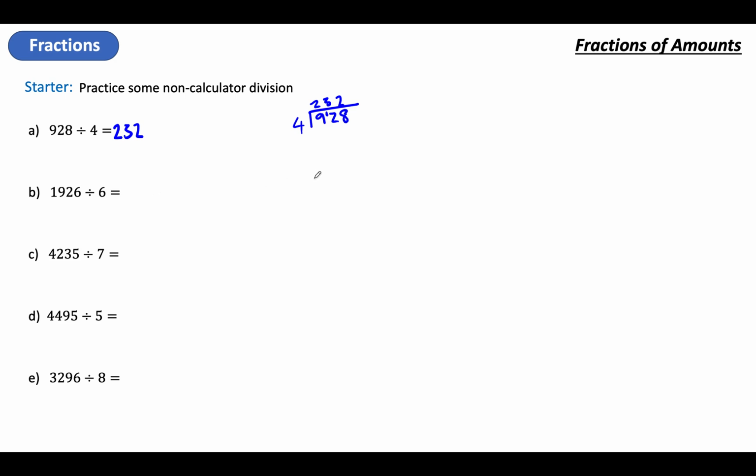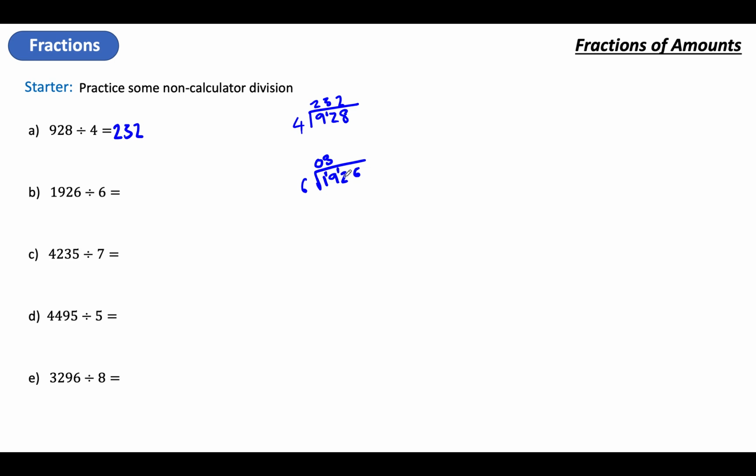Next one then, so let's set up my bus stop. I am dividing by 6, so that goes on the outside. 1, 9, 2, 6 goes on the inside, because that's what I'm dividing. Now 6 into 1 doesn't go, so I carry that 1 across because I haven't used it to the next column, and it now becomes 19. While 6 into 19 goes 3 times, because 3 6s are 18, and there's 1 left over.